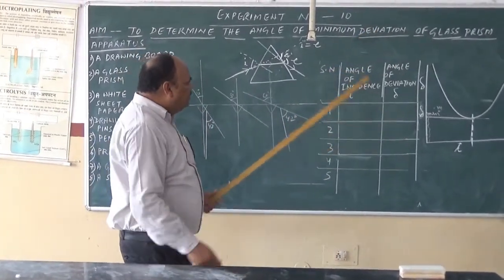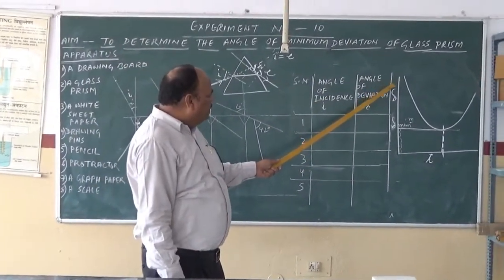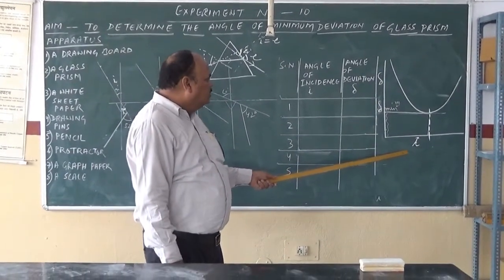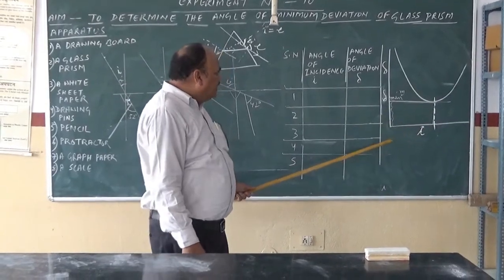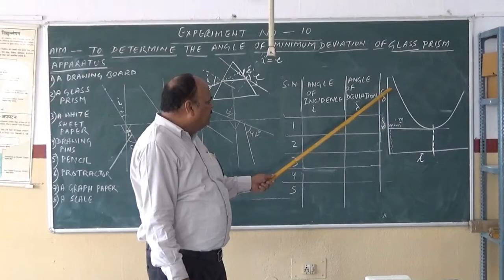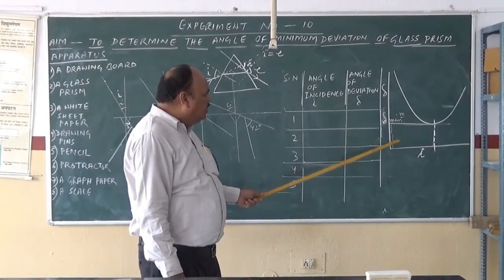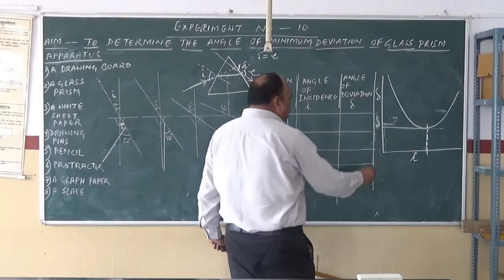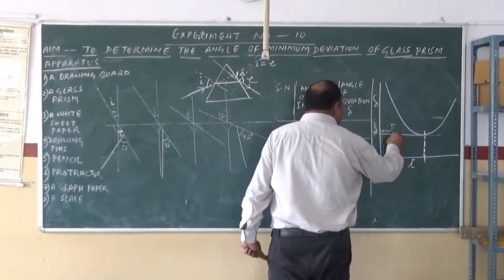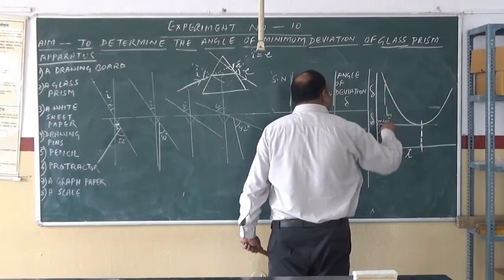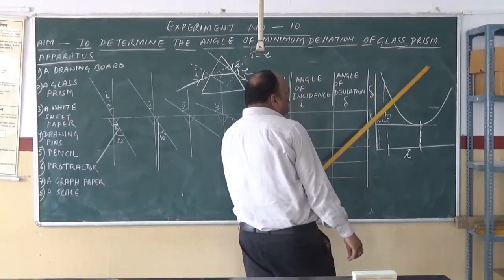This is the graph here. We have taken angle of deviation on the y-axis and angle of incidence on the x-axis. As we increase the angle of incidence, we see that the angle of deviation decreases. For every angle of deviation, you have two values of angle of incidence.